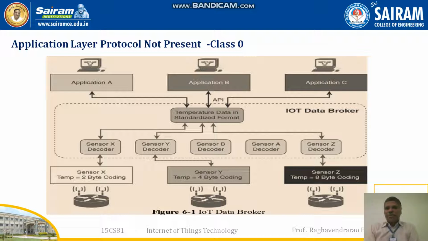The IoT broker understands the different formats in which the temperature is encoded and is therefore able to decode this data into a common standardized format. The applications A, B, C in the figure can access the temperature data without having to deal with decoding multiple temperature data formats.